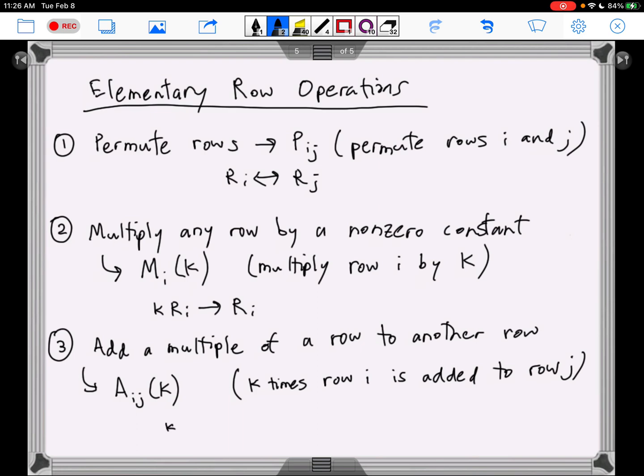Again, that means k times row i plus row j becomes the new row j.